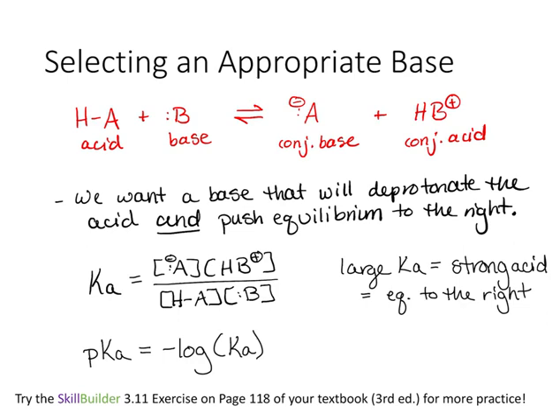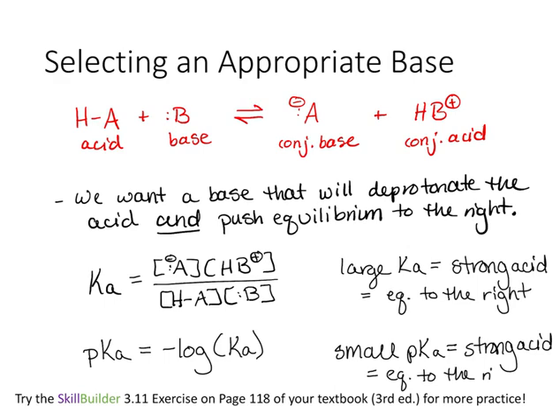A large Ka tells us we have a strong acid, but if we convert that into a pKa value, we actually have a small pKa for a strong acid. All right, so the smaller the pKa value, the stronger the acid, and equilibrium will go to the right towards products.